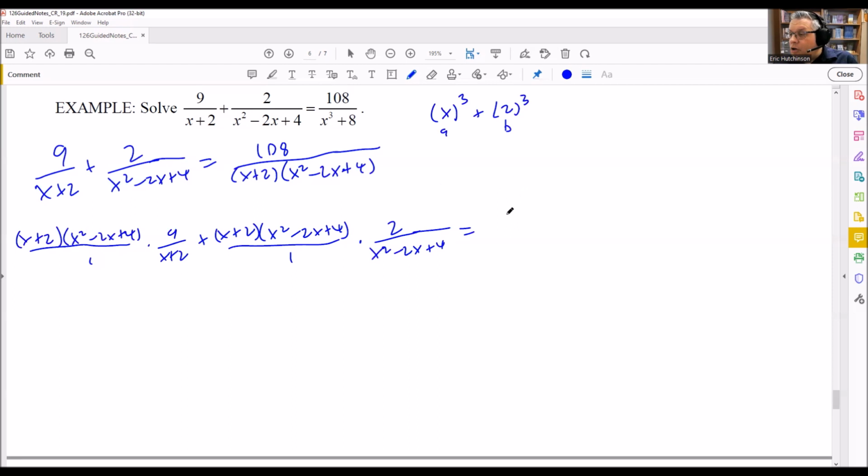And we'll put another one on the right-hand side, x plus 2, x squared minus 2x plus 4 over 1. All that will be times the right-hand side, which is 108, all over x plus 2, x squared minus 2x plus 4.